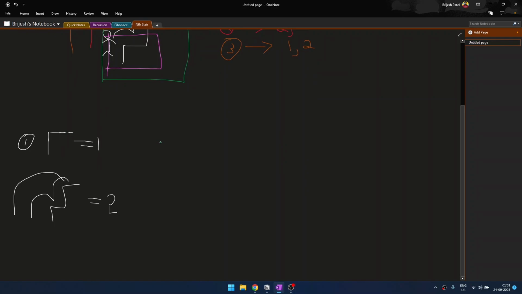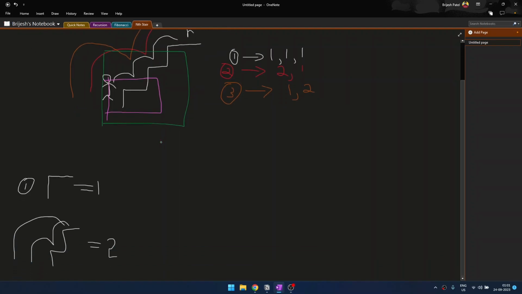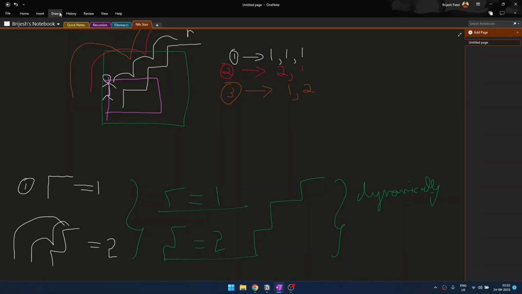As I explained in the last video, if we want to define this in a static and dynamic way, then we can say that these two conditions are static conditions. That is, if there is only one step, it is always going to be one way. If there are two steps, it's always going to be two ways. But the moment we move to more than two steps, we can calculate this dynamically using the basic structure, that is for one step and for two steps, right?